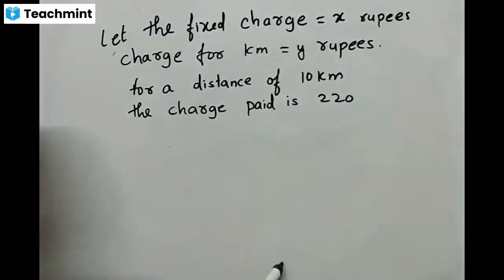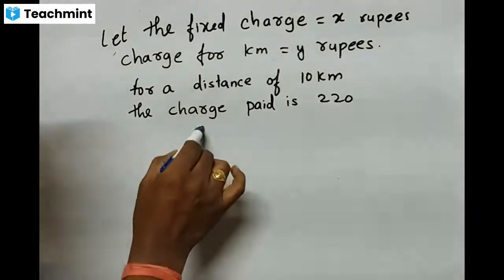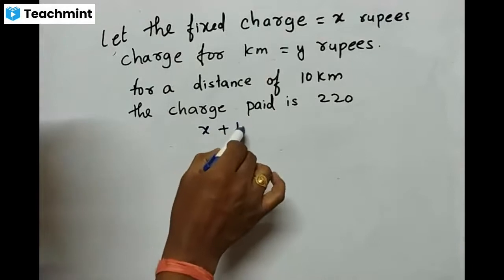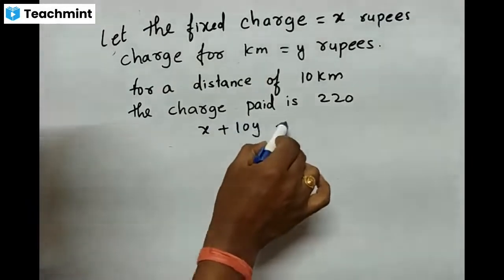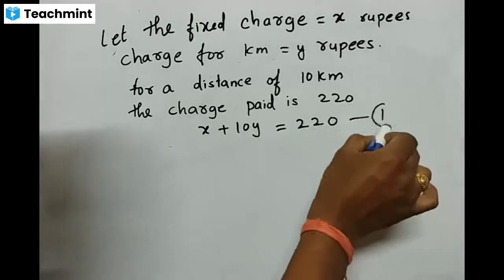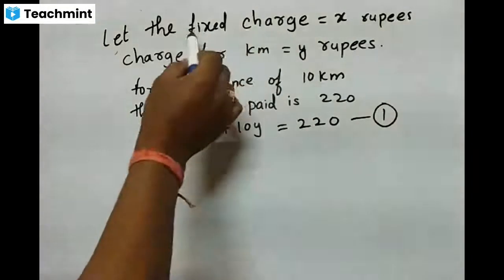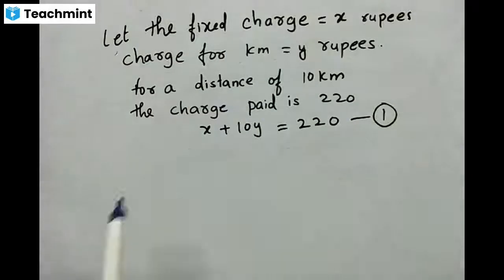Now X plus 10Y is equal to 220 rupees. This is equation number 1. So X is nothing but the fixed charge.